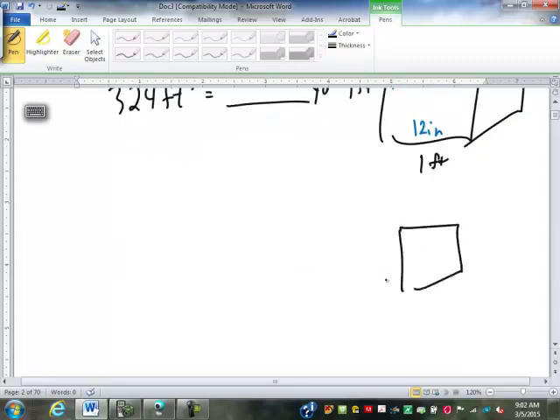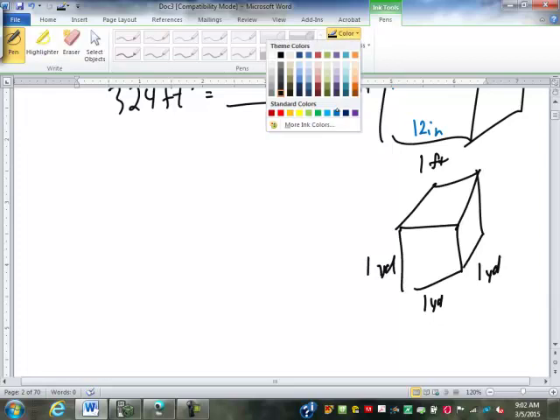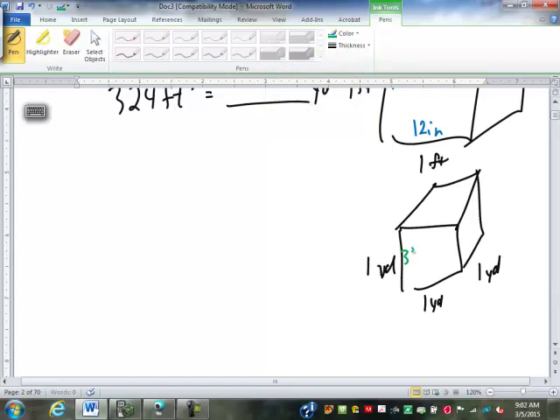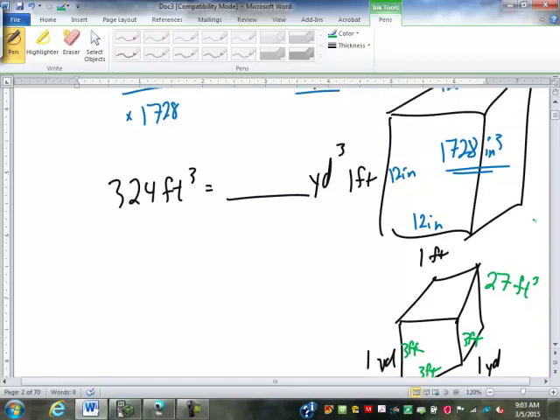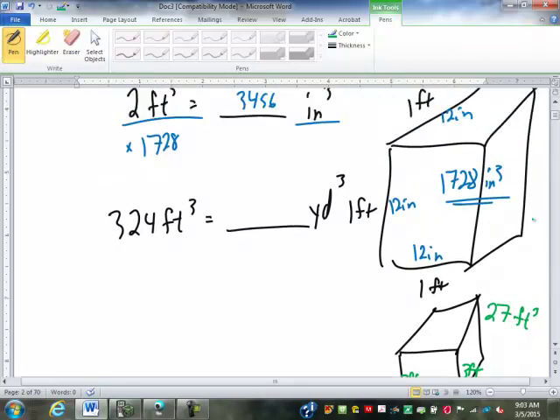A cubic yard, of course, is 1 yard by 1 yard by 1 yard. Of course, a yard is how many feet? 3. So this is 3 feet by 3 feet by 3 feet. 3 times 3 times 3 is 27 cubic feet. So 1 cubic yard is 27 cubic feet.